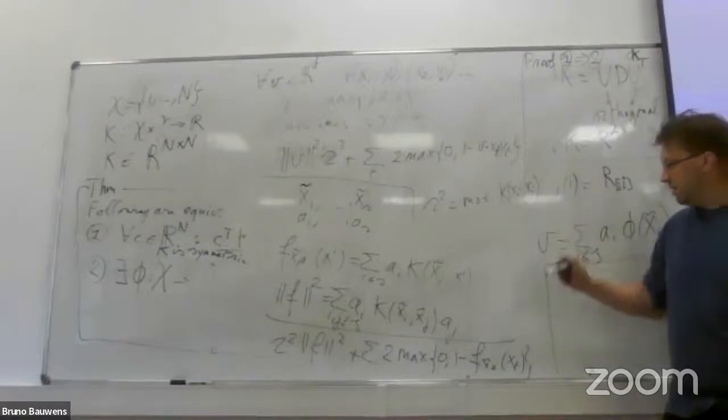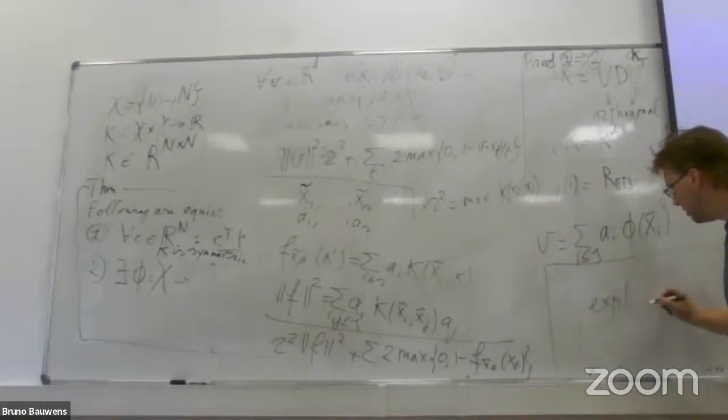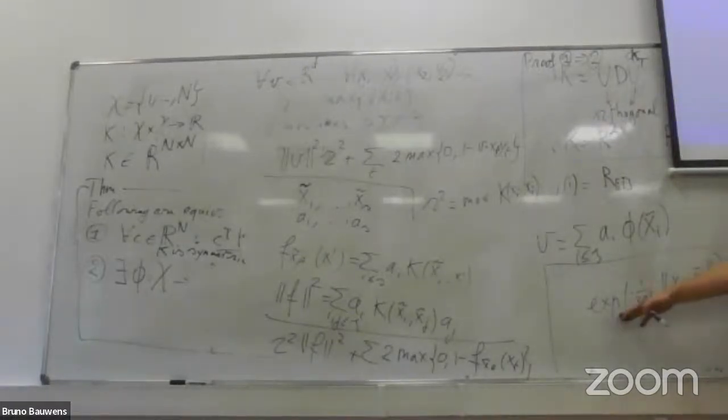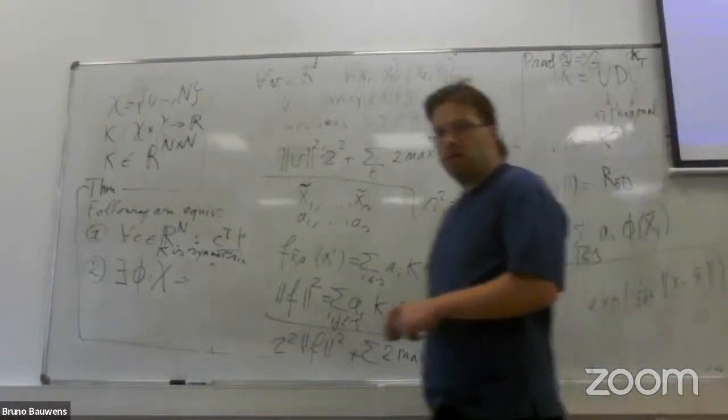Remember, it was the exponent of minus 1 over 2 sigma squared times the norm of x minus x tilde squared. If x equals x tilde, we have 1, and this thing is bounded. So this is why the Gaussian kernel is good.